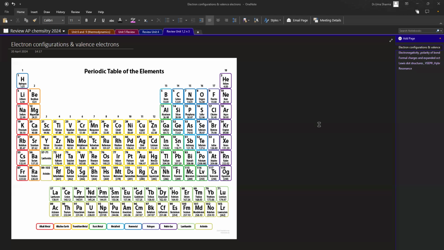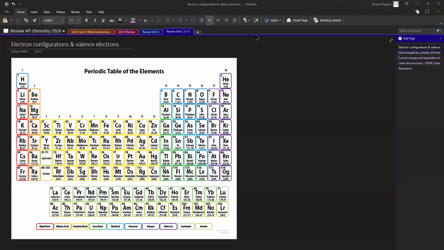There are questions based on the molecules, their structures, hybridization, valence electrons, sigma bonds, pi bonds. So today we are trying to understand how to give answers very fast.